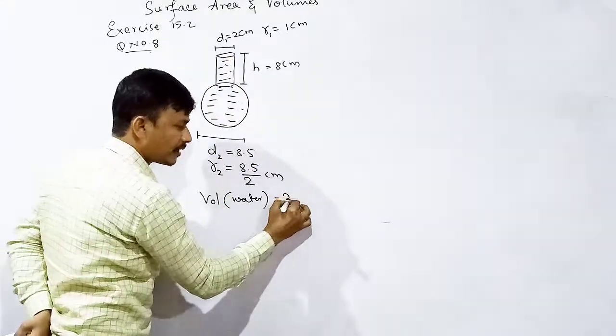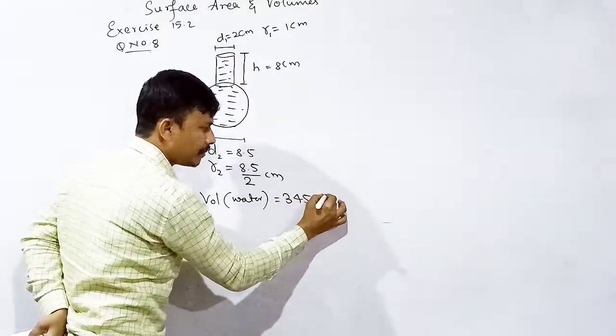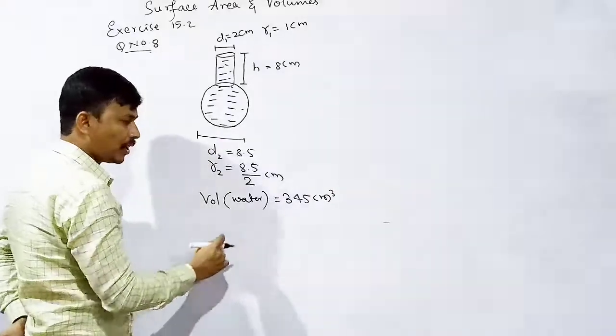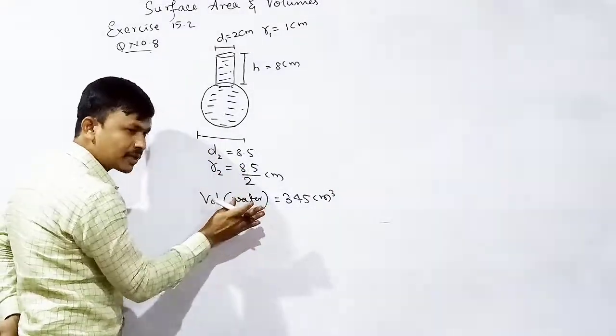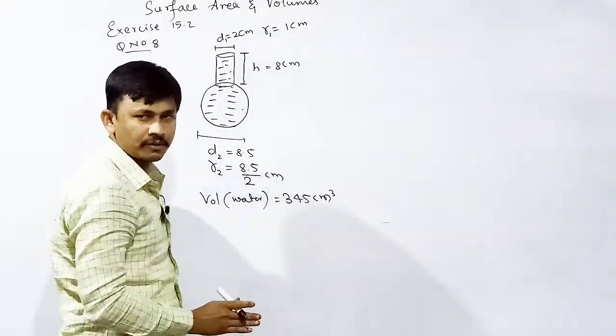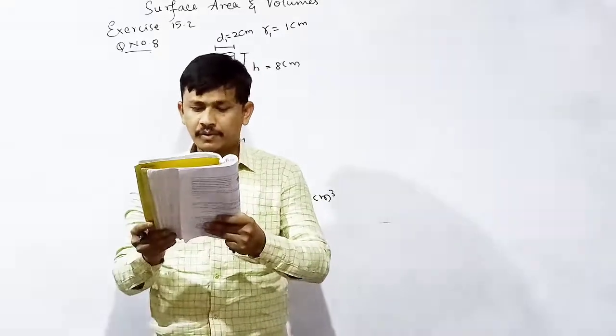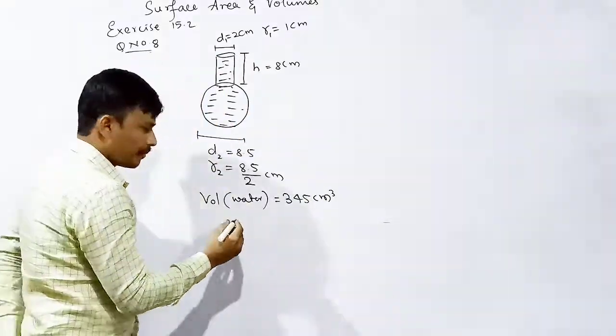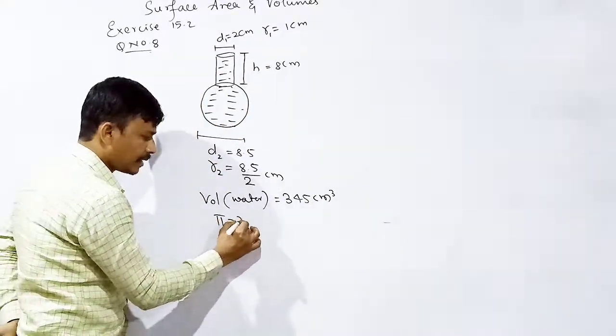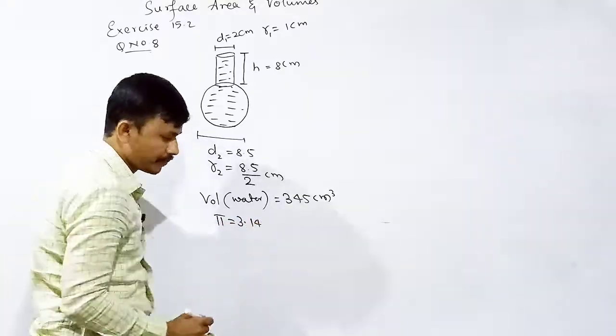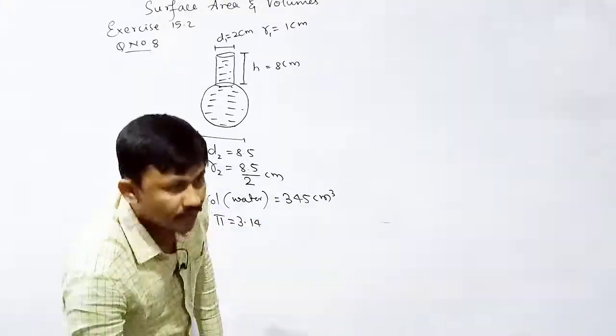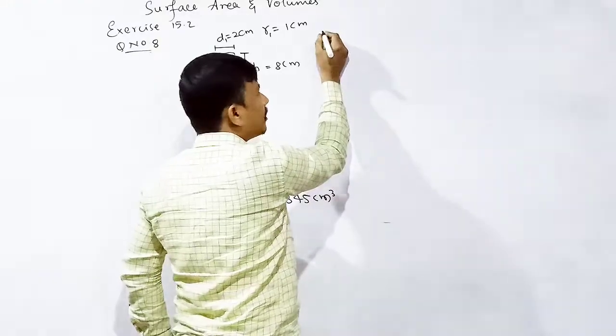What is that volume? 345 centimeter cube. We need to check whether this answer is right or wrong. To find that, they have given the pi value. Pi value is 3.14.